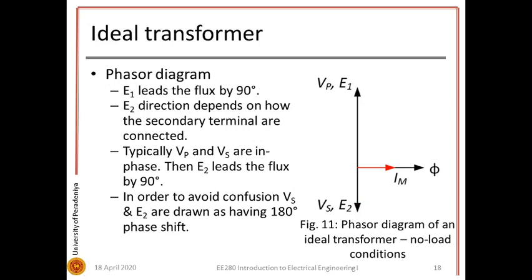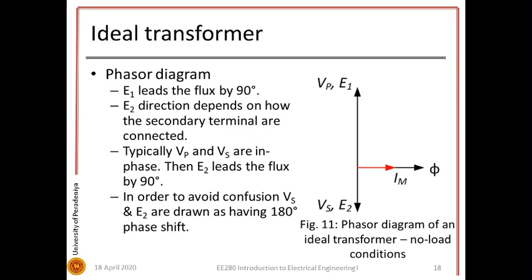Depending on the way we wind the secondary of the transformer, the direction of the secondary voltage would differ. Normally, the voltages of the primary and secondary would be in phase.